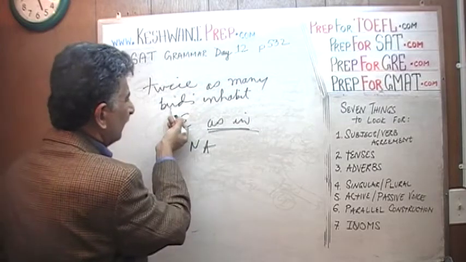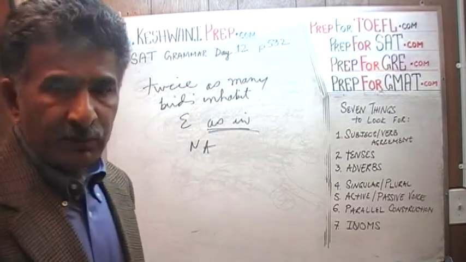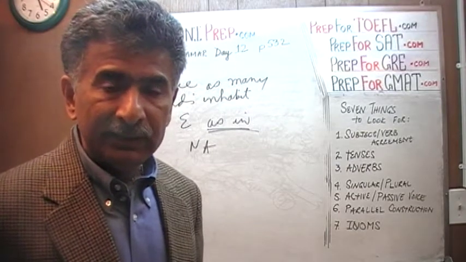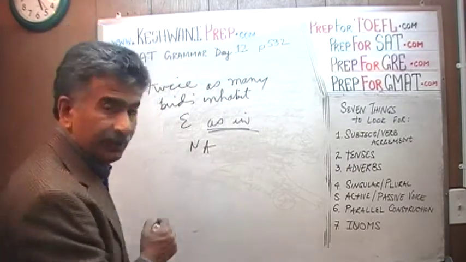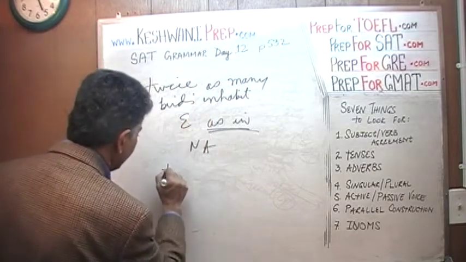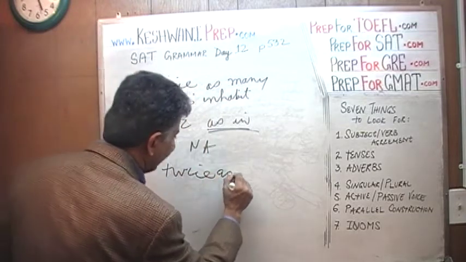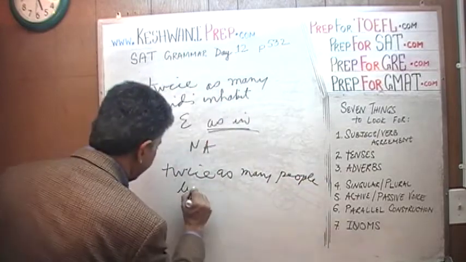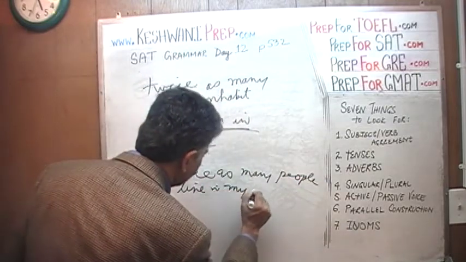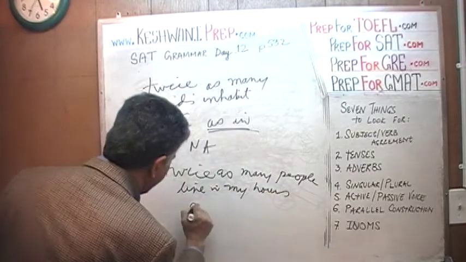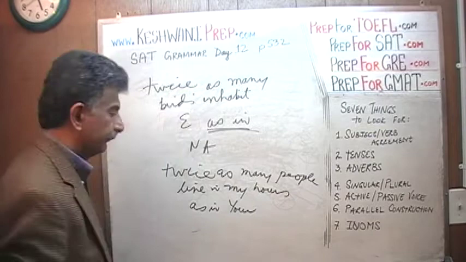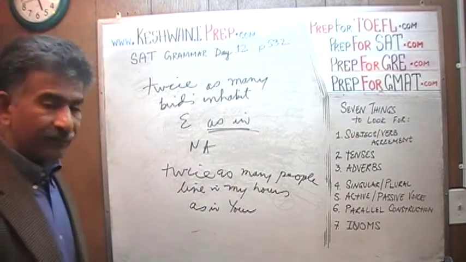Twice as many people live in my house as in your house. That's what it says here. It says twice as many people live in my house as in your. That's what it says. As in. This is no good.